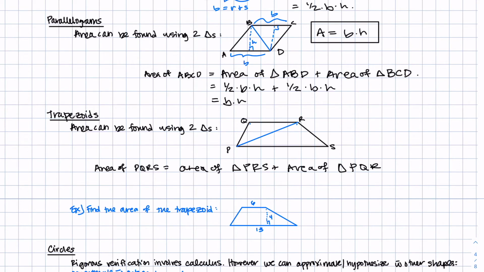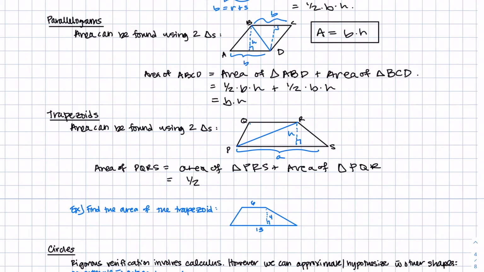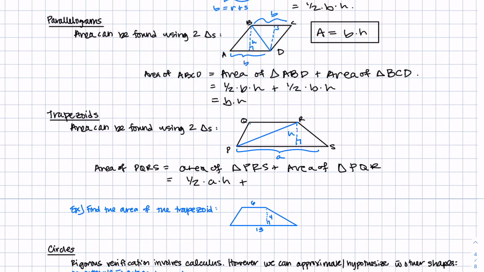So to get the area of this first triangle, PRS, let's call this side length A, and we're going to want to use this height H. And so this is 1/2 A times H. And then for the second triangle, we can notice that the height is going to be the same, but our base is going to be a different length.